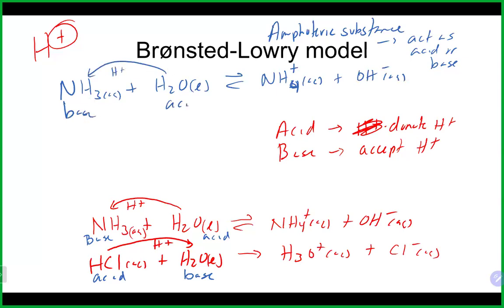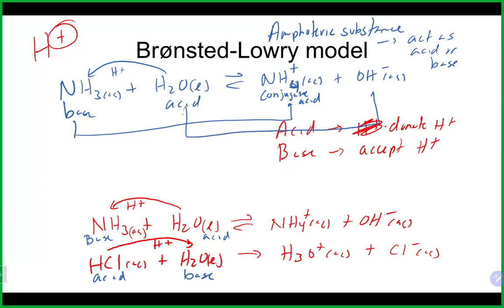That is our acid. This guy over here is related to this guy over here, and that is what is known as the conjugate acid. And this water here is related to the OH over here, and that is what is known as its conjugate base. So the consequence of the Bronsted-Lowry definition is it will actually create partners on opposite sides of the arrow, which are related to each other. And they are related to each other by only a difference of this guy right here. 1 H plus difference is the only difference between those two things.